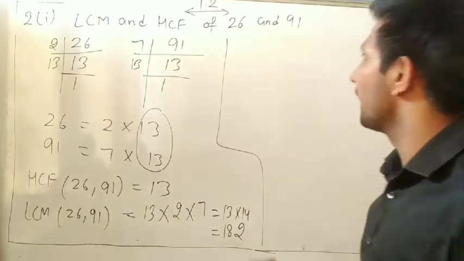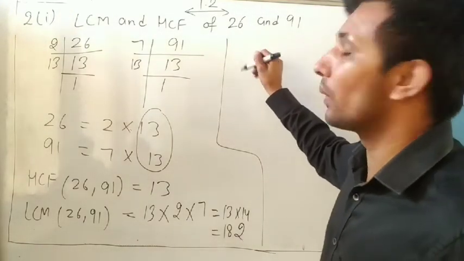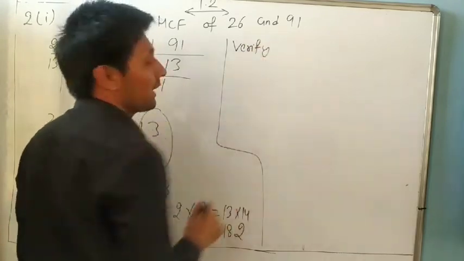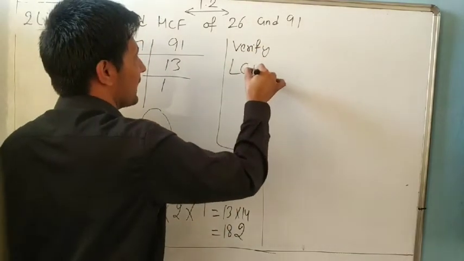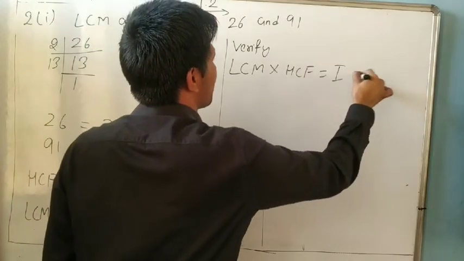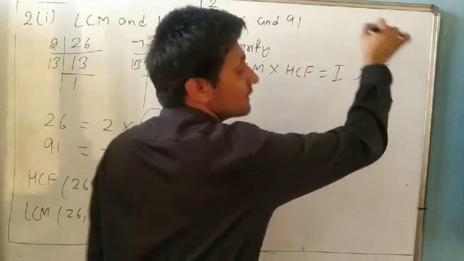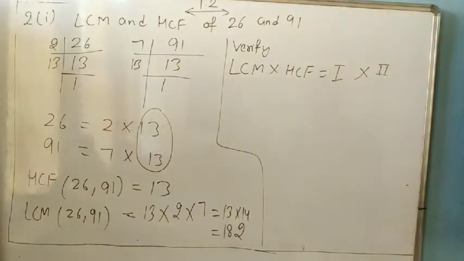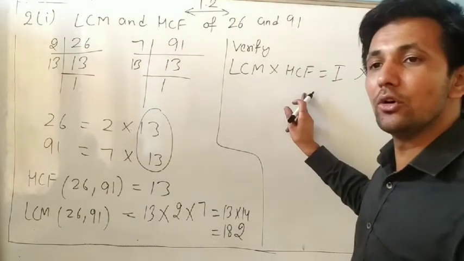Now we have to verify also. What is the formula? LCM into HCF equals first number into second number. So first we find LCM into HCF.